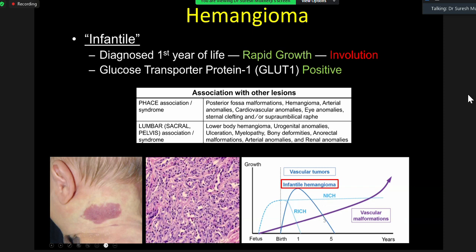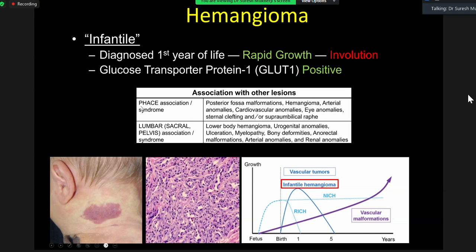So when we specifically start talking about the imaging findings, we're really going to be focusing on these infantile hemangiomas. And I want to emphasize up front, you have to understand the imaging findings and the clinical presentations of hemangiomas, because if you do this, then the other malformations that we'll talk about later are going to fit very, very nicely. Now, we all know that there are various associations with other lesions when you have infantile hemangiomas.